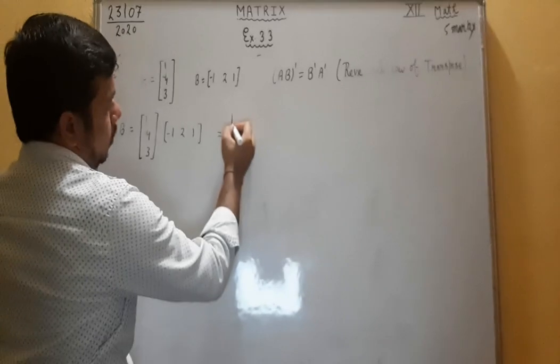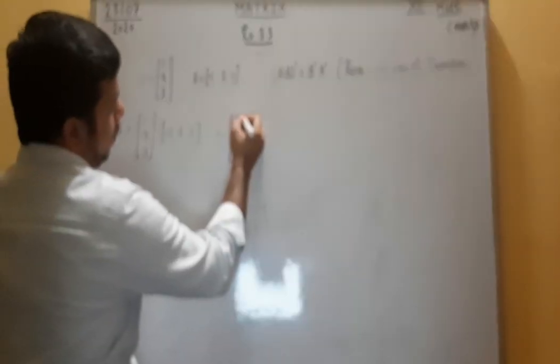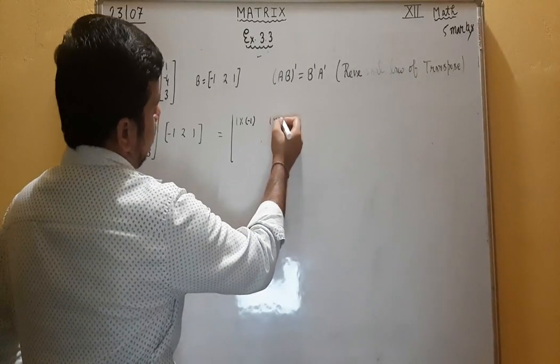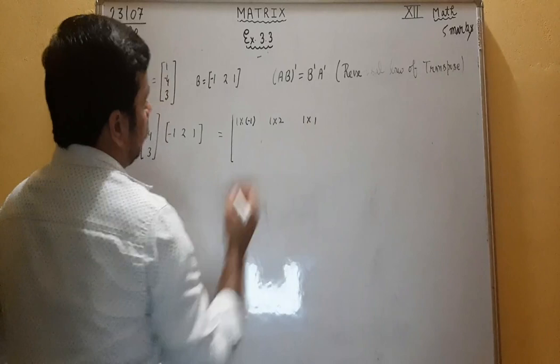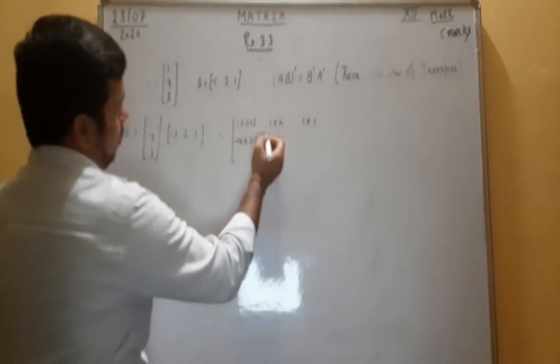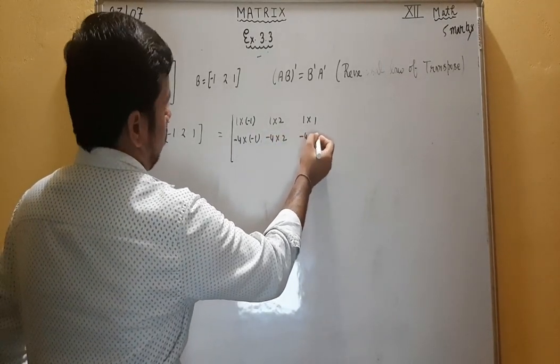First row, first column: 1 into minus 1. First row, second column: 1 into 2. First row, third column: 1 into 1. Minus 4 into minus 1, minus 4 into 2, minus 4 into 1.